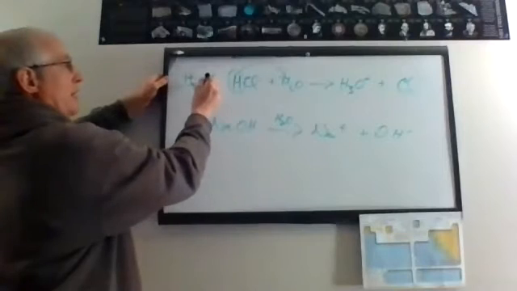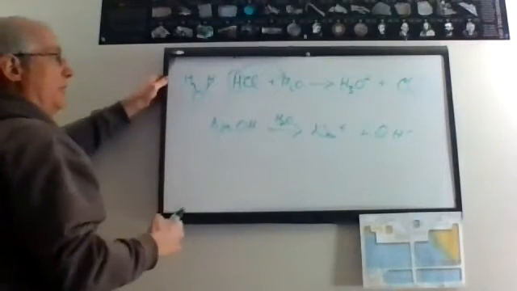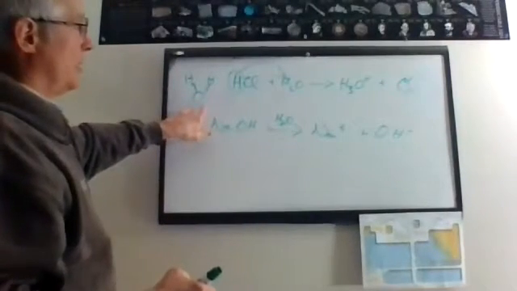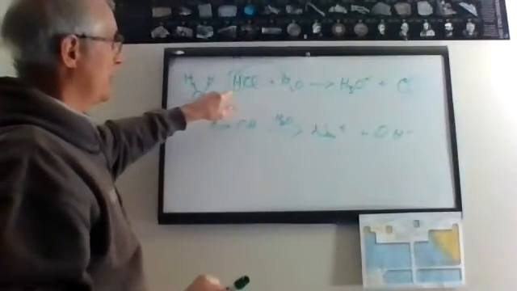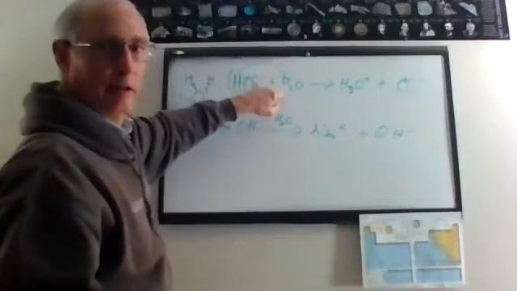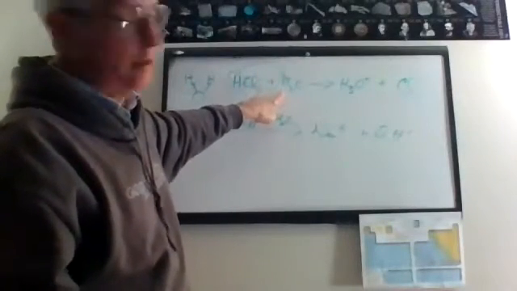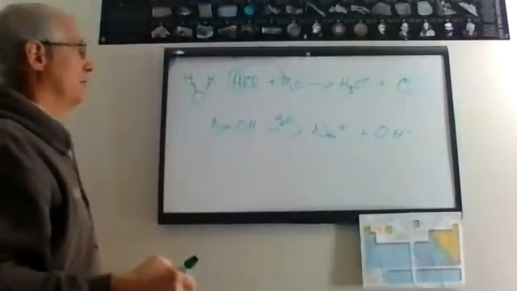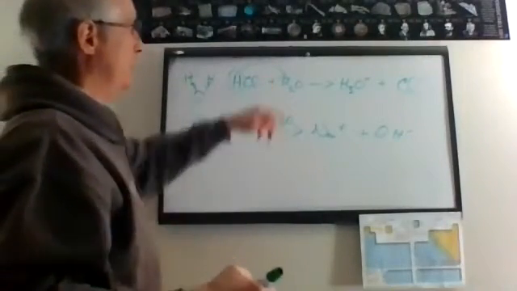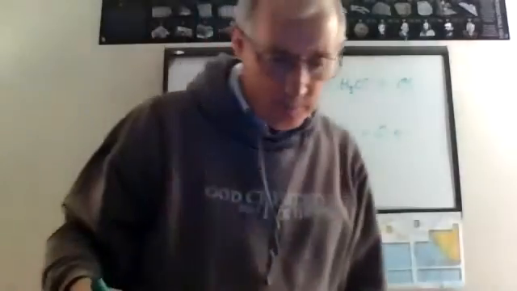There's a shared pair, and 2 lone pairs. And that's what makes water a base. It's because it's got a place where that hydrogen can land. I call it a landing pad. Bronsted-Lowry would get excited about those lone pairs. They'd call it a base because it's a proton acceptor.